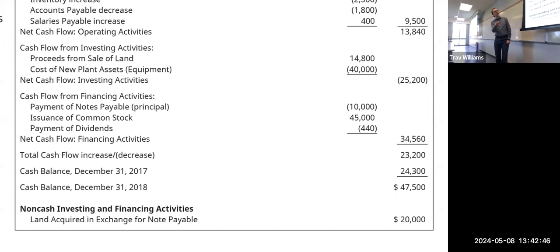Then we could take our operating plus investing plus financing cash flows to get our total cash flow. And that total cash flow, if you add it to your beginning cash balance, should equal your ending cash balance. Again, if it doesn't, there's a mistake somewhere.